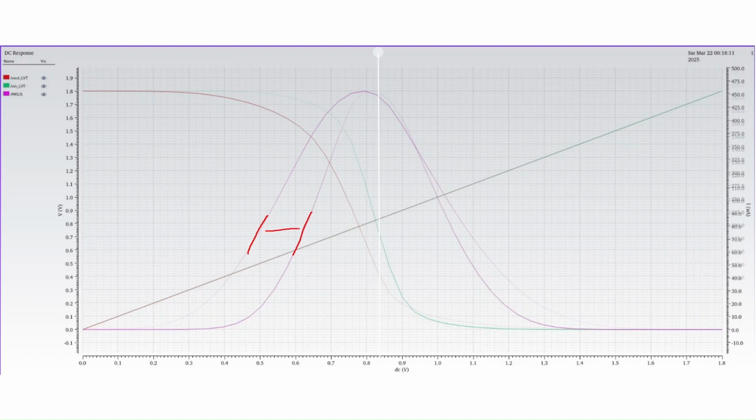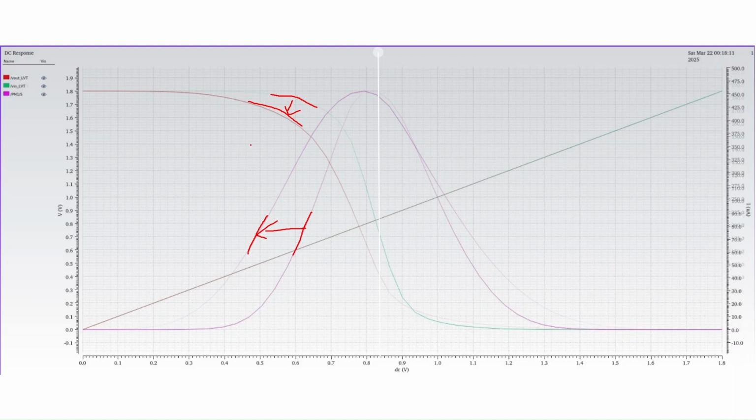There is a shift towards the left for the low threshold voltage device. Also, this is the output voltage curve for the high threshold voltage device, and this is the output voltage curve for the low threshold voltage device. So it has also shifted. We can clearly observe the shift with the help of this image.